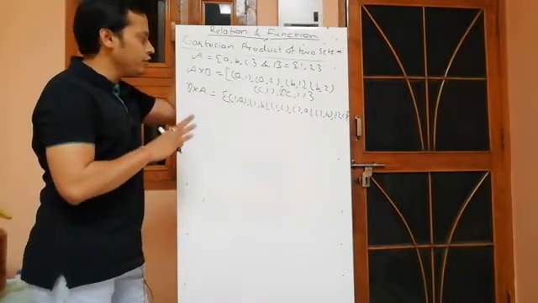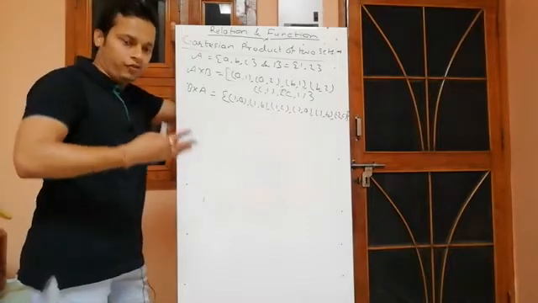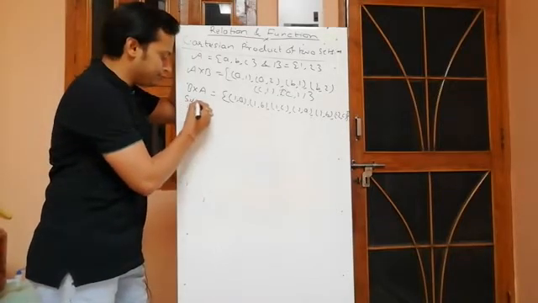Now, suppose you want to write A cross B in symbolical form.